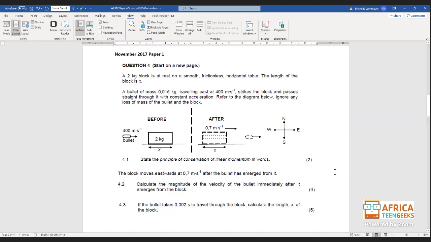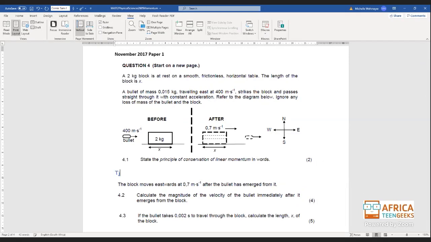And that is just that, the total linear momentum in an isolated system is constant.